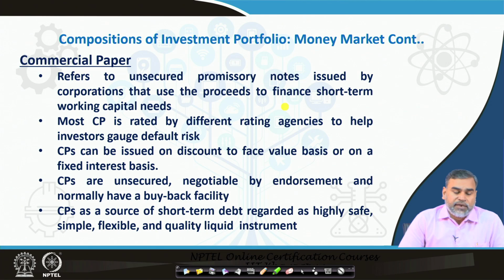But anybody can invest in this security, like commercial banks and other financial entities. Commercial paper is not a very old instrument in the Indian context, and this market is not quite developed from the secondary and primary market point of view.